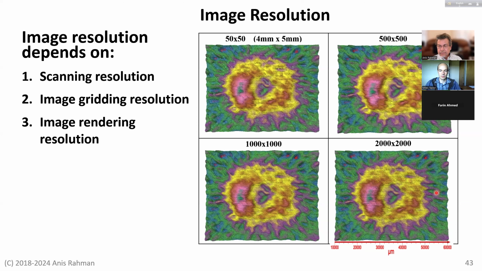And if you look really closely, you will see that the highest resolution, 2000 by 2000, has a little bit more storytelling compared to the rough resolution. For this sample, it was not very critical. But for some other samples, the difference will be remarkable.